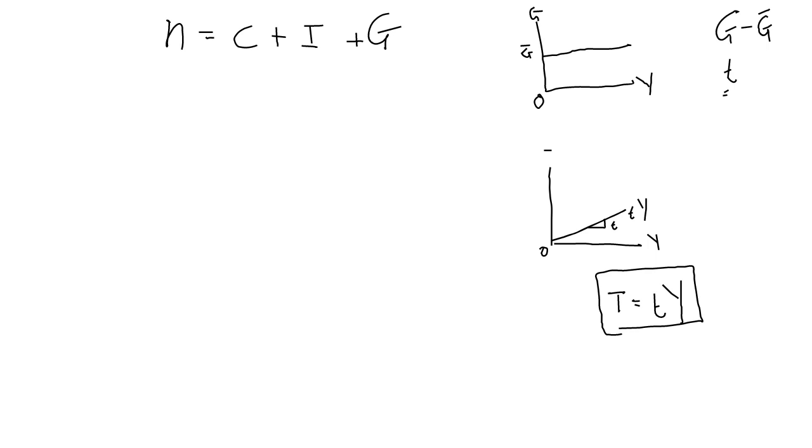Okay, now let's break down this equation a bit further, and then we'll show a couple of shifts of the curve that we currently have. So A is equal to C, and C is C bar plus cY, plus I bar plus G bar.